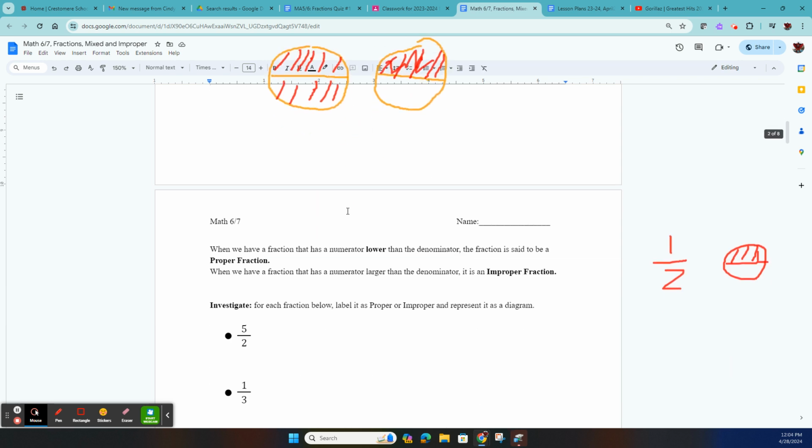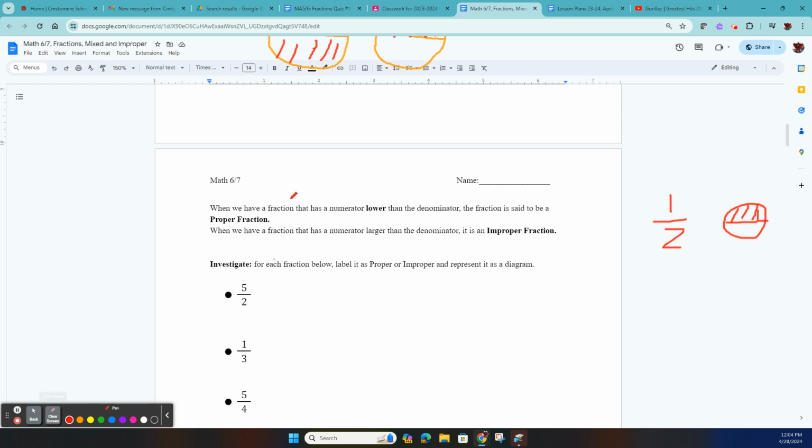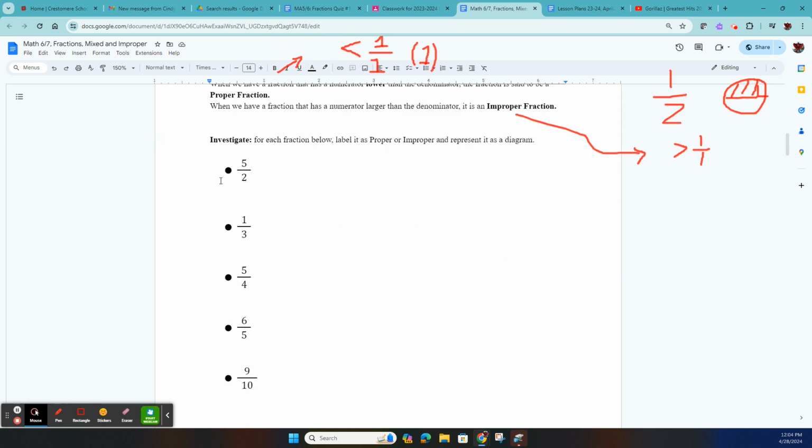So whenever we're thinking proper, we need to think that this proper fraction has to be less than 1 whole, which of course is the same as just 1. So proper fractions are less than 1 whole, whereas an improper fraction is going to be greater than 1 whole. Okay, cool. So we've got a whole bunch of fractions below us, some proper, some improper.